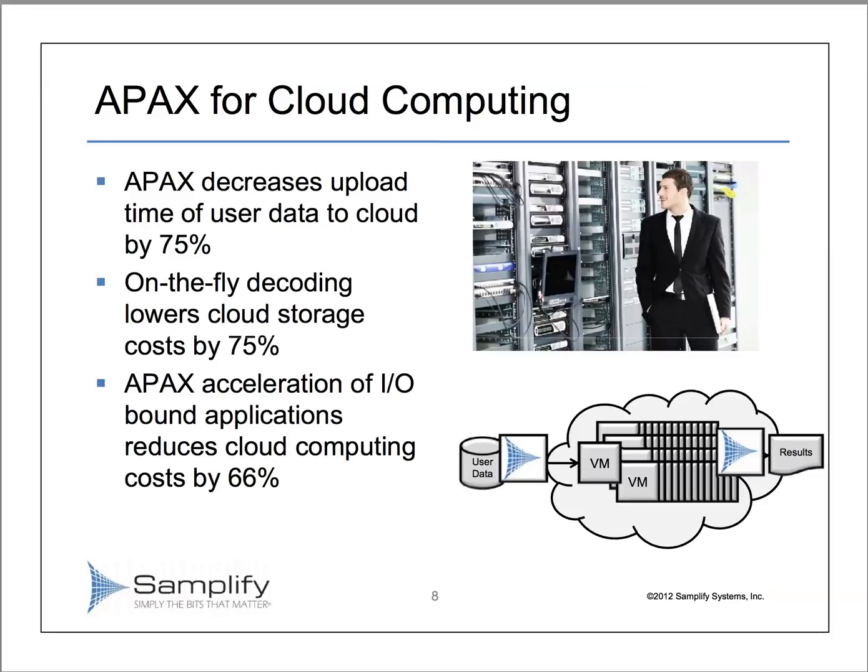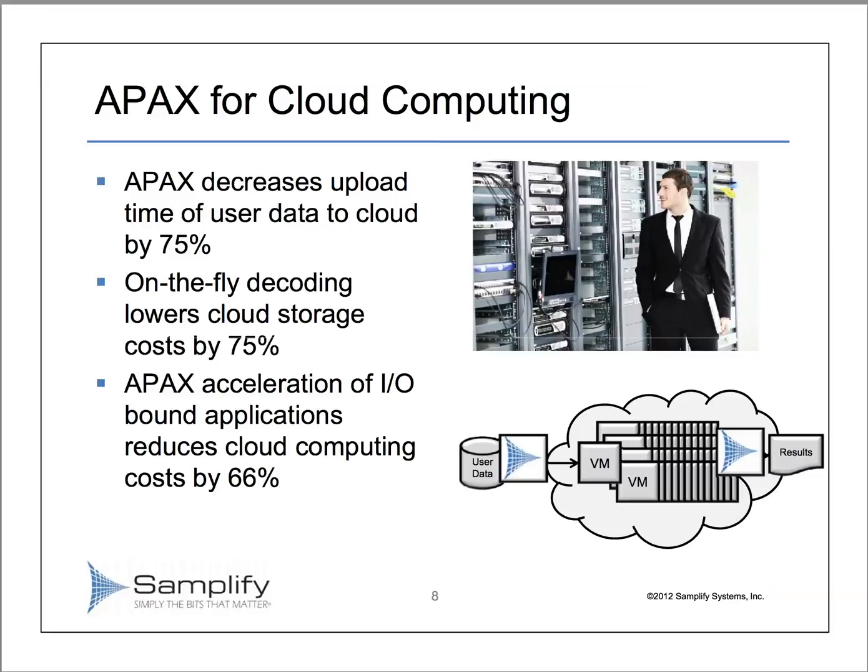Well, we have a 10 megabit uplink here with our internet access, and it would take us 9 days to upload a terabyte file to Amazon EC2. But if we encode that data set by 4 to 1, we can reduce that upload time by 75%. That really becomes a big component of the total cost of ownership of cloud computing.